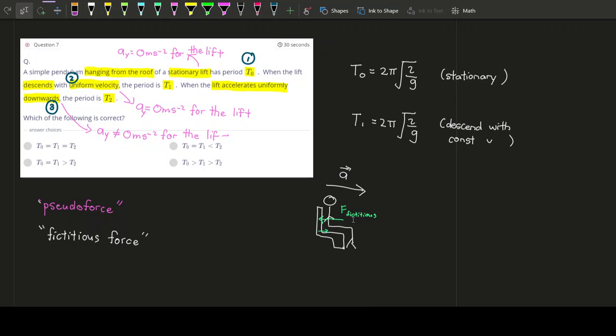Okay, this is a fake force, and this fake force exists because the whole frame here is actually moving with an acceleration.